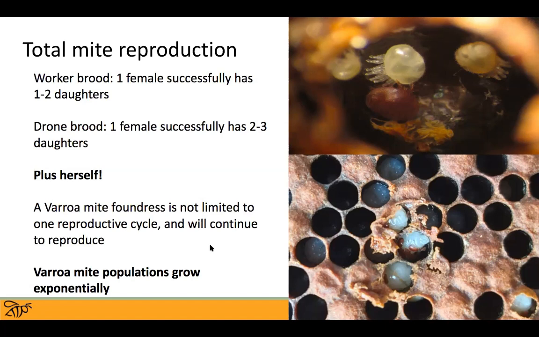So really the population just starts to snowball. Unless you are going to intervene with a chemical treatment, the longer amount of time that passes, the more mites you will have in a colony. So it's really important to bear in mind that they do grow exponentially.